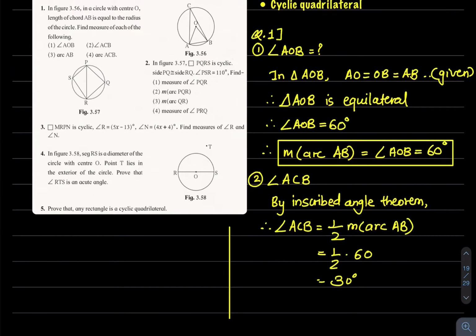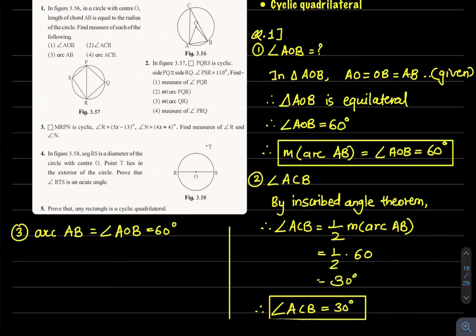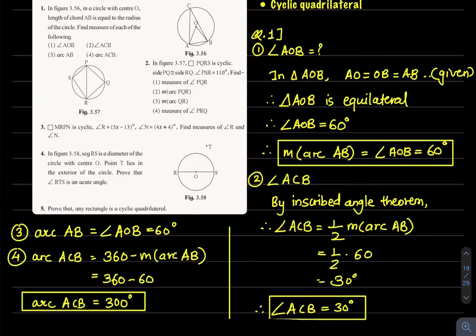So for third, arc AB is equal to angle AOB, which is the central angle, so 60 degrees. And fourth, arc ACB. So arc ACB will be 360 minus this arc AB, which is 60 degrees. So 360 minus 60 is 300 degrees. So arc ACB is 300 degrees.